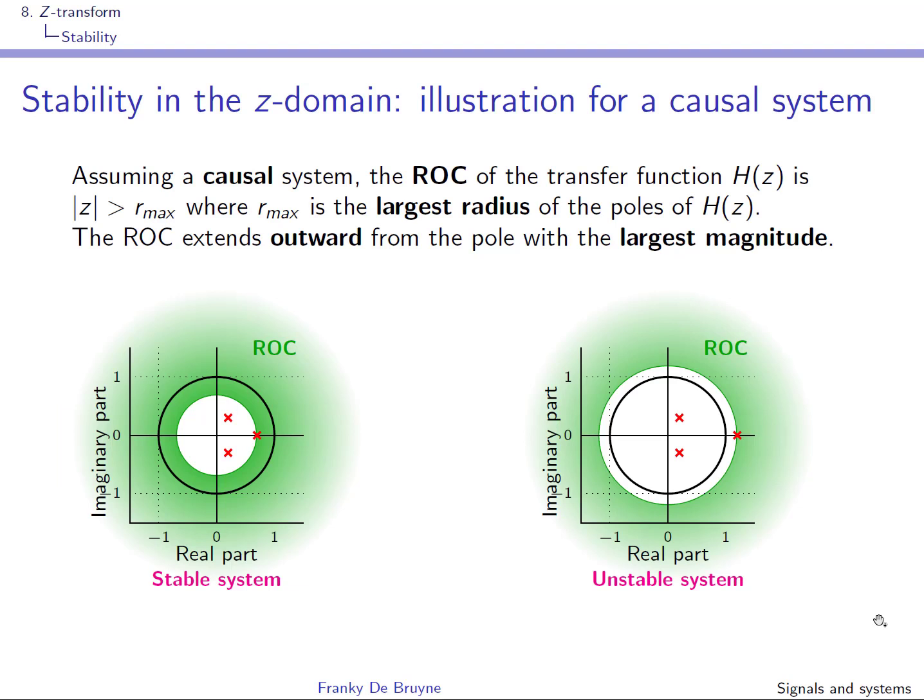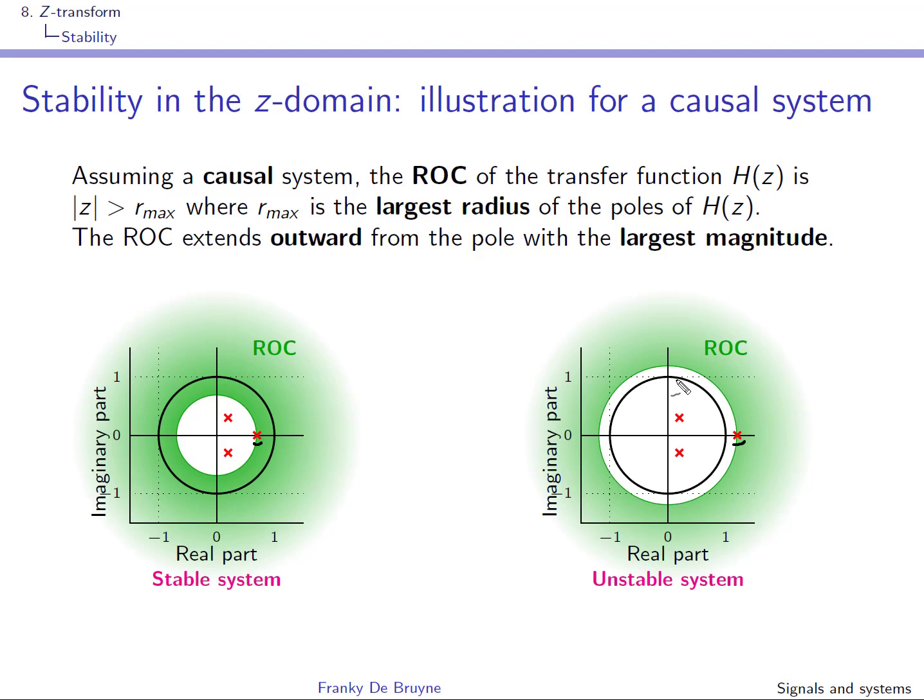In order to obtain the region of convergence, remember that you take the pole with the largest radius, and here it's clearly this pole over here, and here it's this pole over here. You construct a circle with this same radius, and the region of convergence is the outside of this circle of radius, the largest radius that you can find among all the poles of the transfer function H(z).